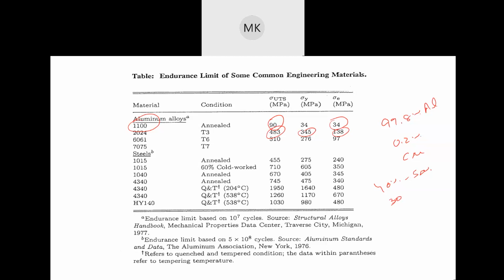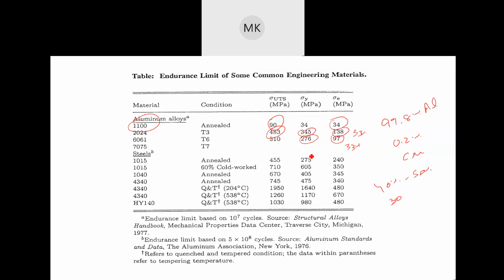Same thing with 7075. It has silicon in it, so it is a little lower, but it's still almost 33% for the endurance limit. So it's very close to 40. So you can say 30 to 50 if you want for aluminum.